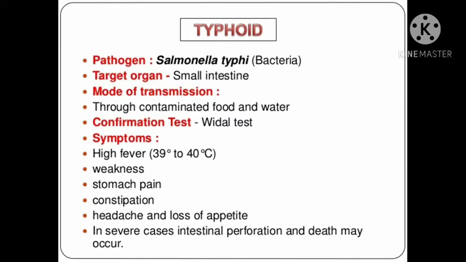Typhoid is caused by the bacteria Salmonella typhi. This bacteria is known to affect the small intestine, which is the target organ. So if it is affecting the small intestine, the route of entry of the pathogen into the body has to be through the mouth.